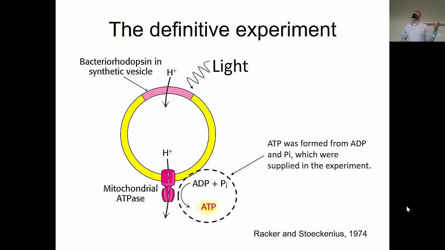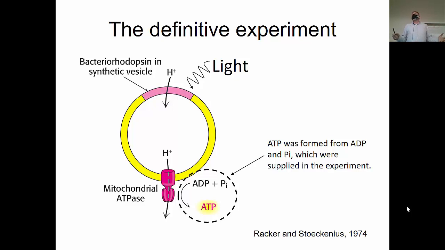They used synthetic vesicles where they had ATP synthase from a cow, and they combined that with a protein called bacteriorhodopsin. Bacteriorhodopsin, in response to light, moves a proton across a membrane.